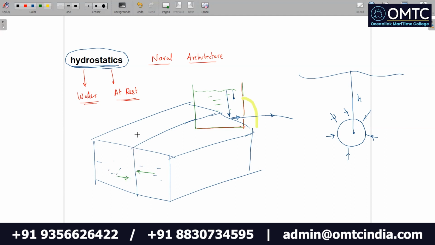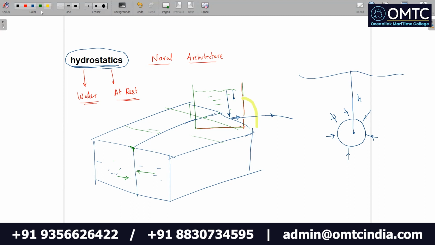And if these bulkheads are not welded properly, there will be weld stress generated, and that is responsible for breakdown. That is responsible for damage of that compartment. So that's why you should know how much force is exerted by water if water is at some height. That is studied in this topic.